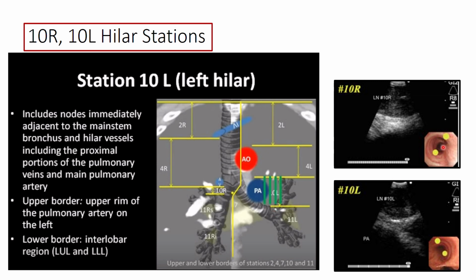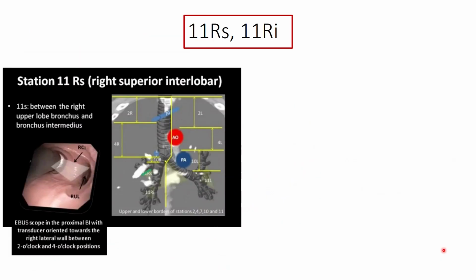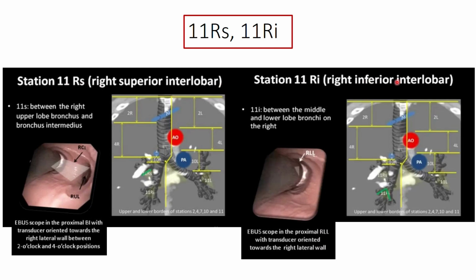This is the bronchoscopic image for the 10R, and this is the bronchoscopic image for the 10L. Now going further, we will have the right superior interlobar, that is the 11RS, and the right inferior interlobar. The superior is between the right upper lobe bronchus and the bronchus intermedius, somewhere over here, and the inferior is between the middle and the lower lobe bronchus on the right side.